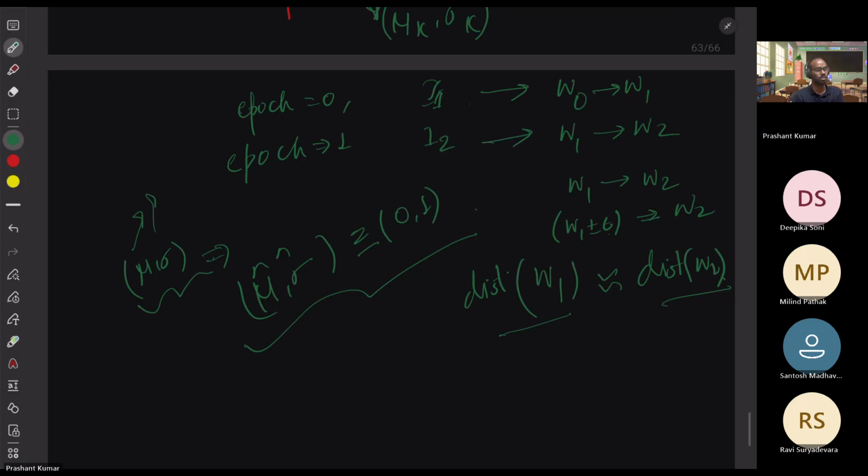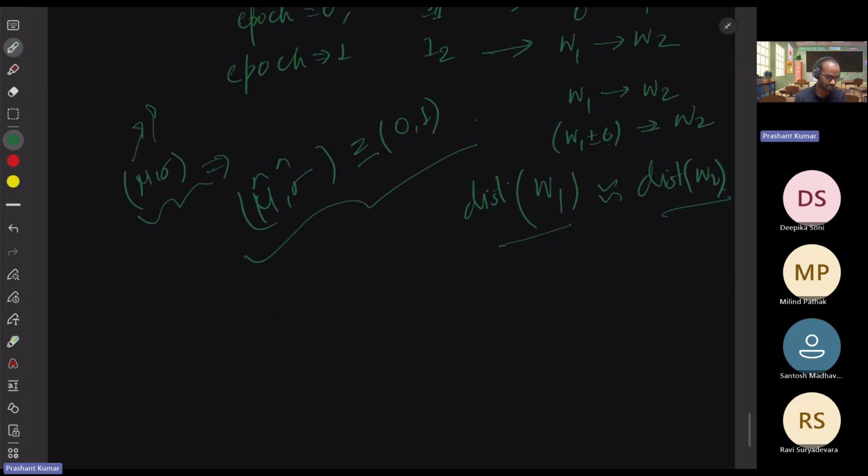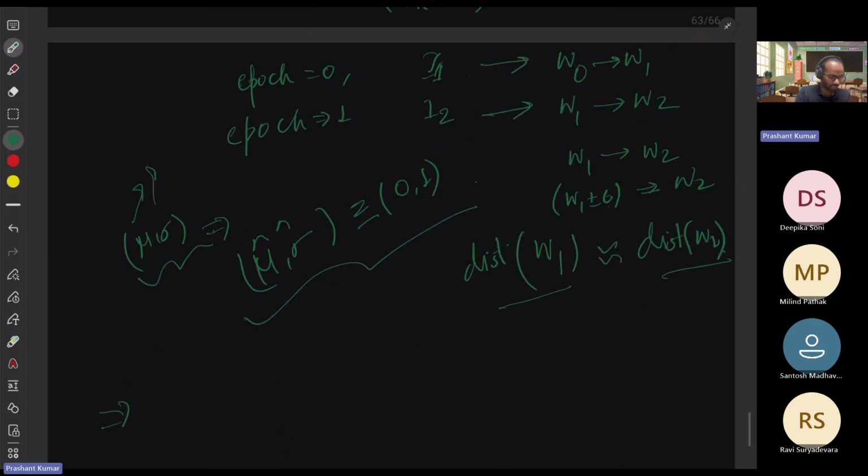Okay. So we have understood why we are trying to do this, because we want our training to be consistent and stable and not dependent on the input.